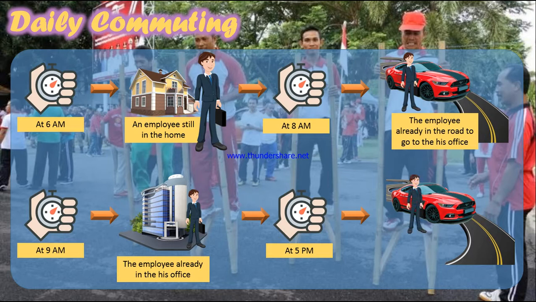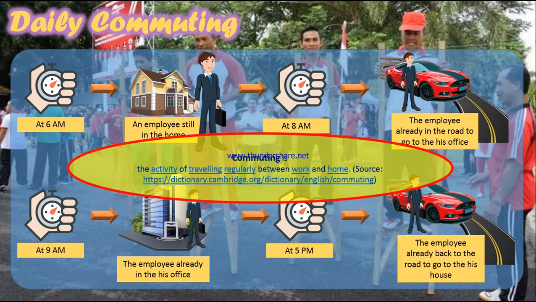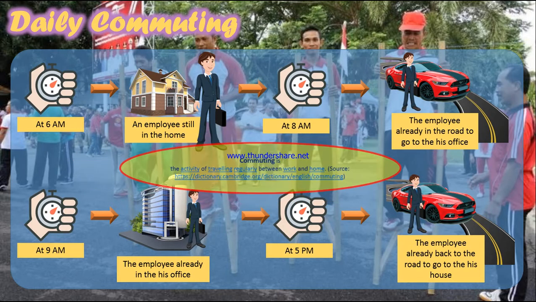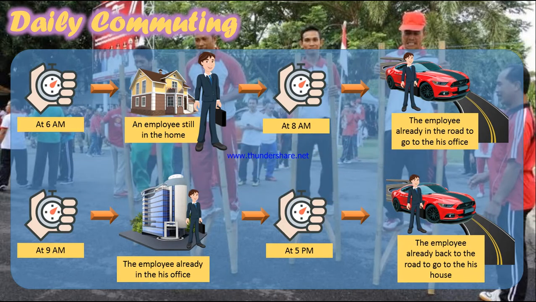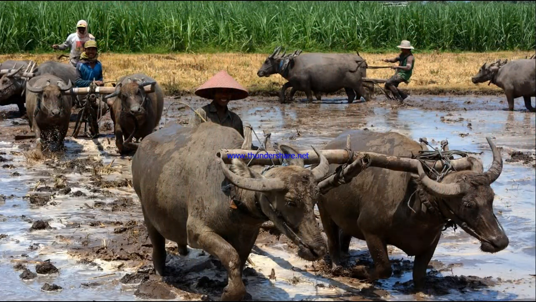Based on the Cambridge Dictionary, commuting is the activity of traveling regularly between work and home. For more explain about daily commuting, please check this figure out.